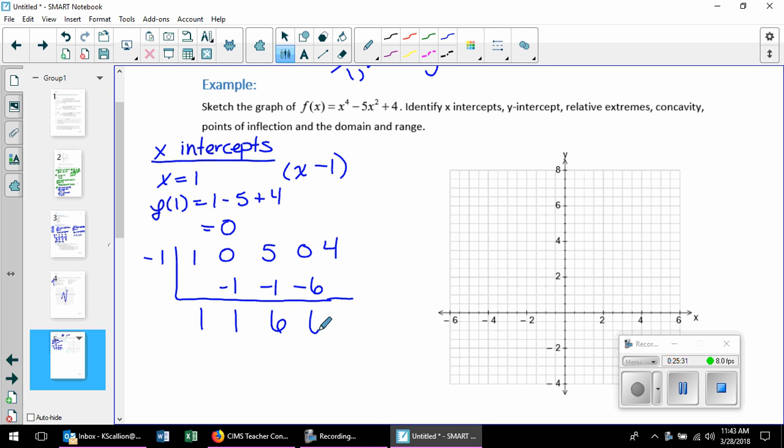It's negative? Oh, so there we go. Thank you. That screws everything up. So 5 minus the negative 1 is going to be negative 4.